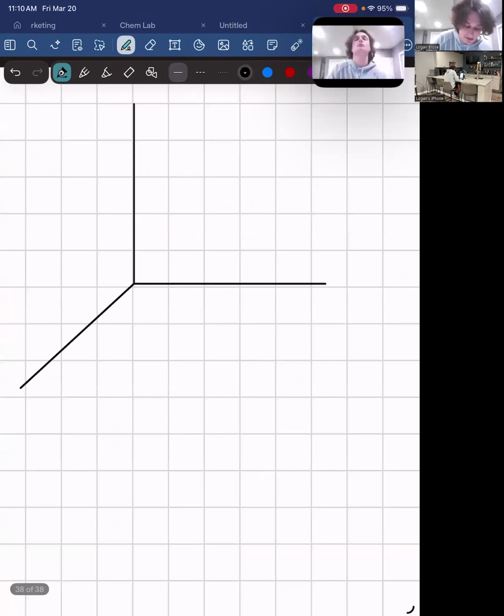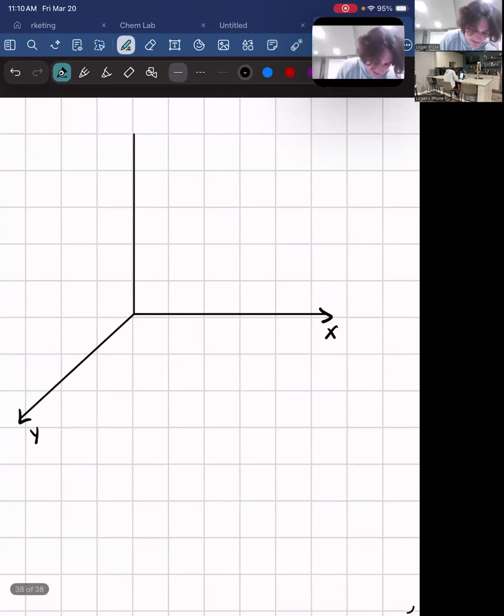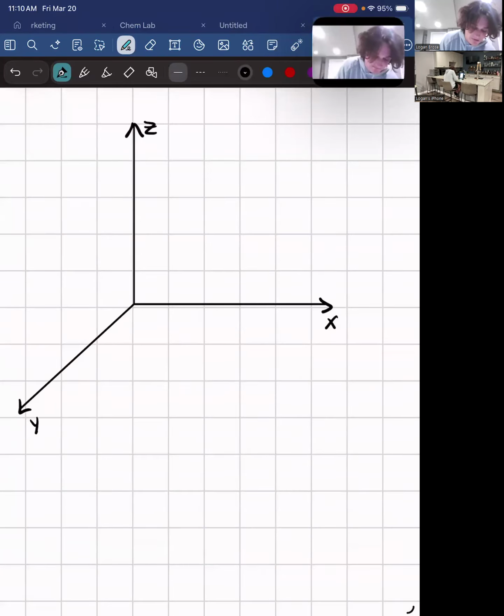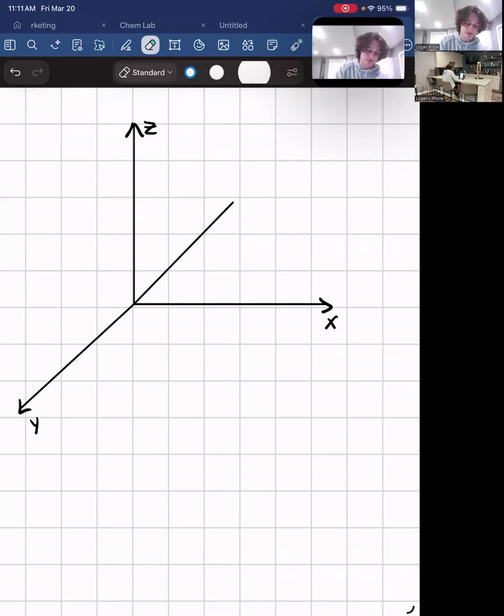So we'll start off, right? We have our plane here. We have our X, our Y, and our Z direction. And we'll have a vector going here. That's our vector. I'm going to undo this arrow.